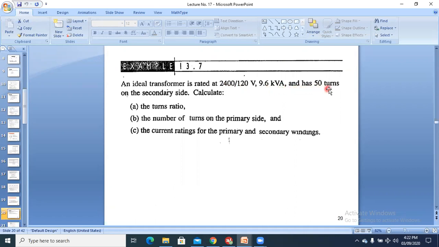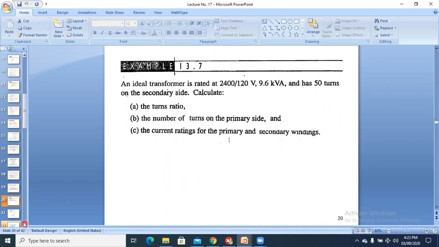The secondary side has 50 turns, given, and we have to calculate the number of turns on the primary side, and the current rating for the primary and secondary winding.